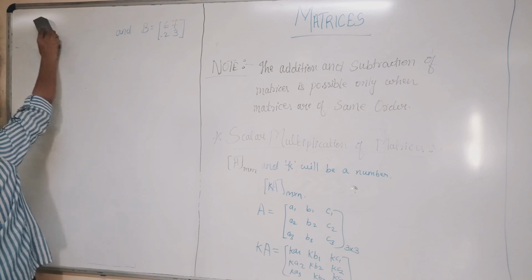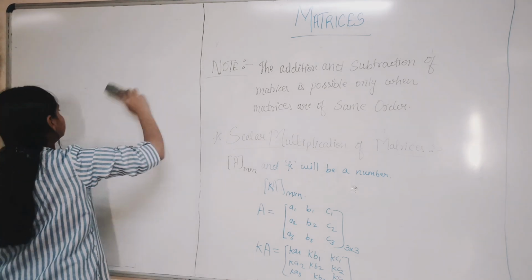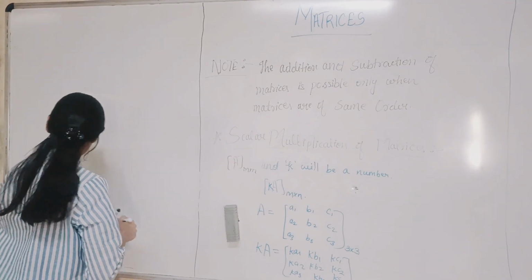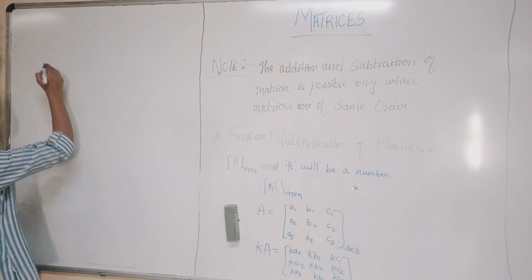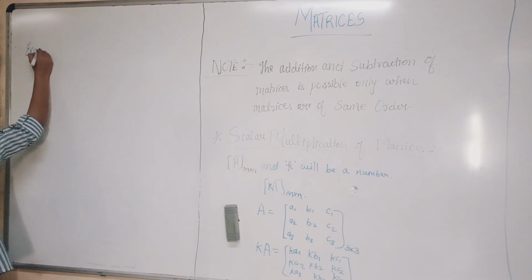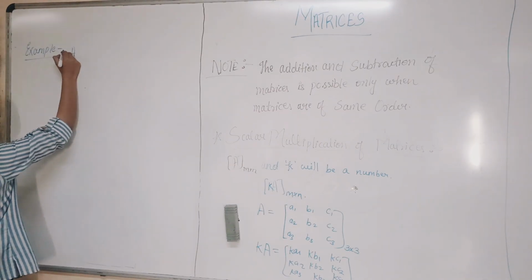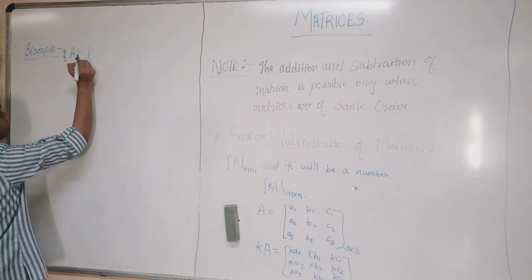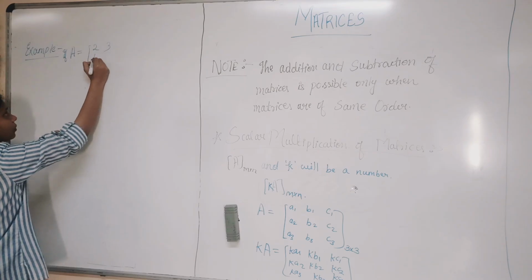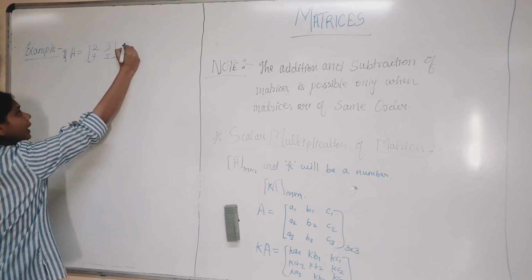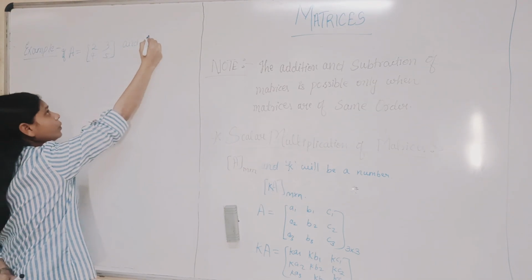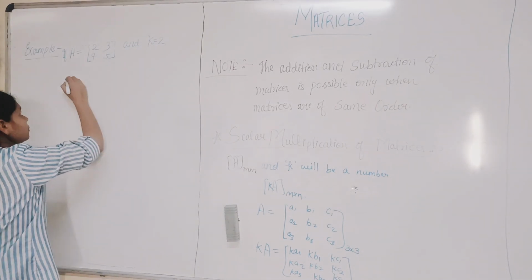Let us take an example. Write down the example. If we take a 2 cross 2 matrix A equal to 2, 3, 4 and 5, and k is equal to 2, then find kA.